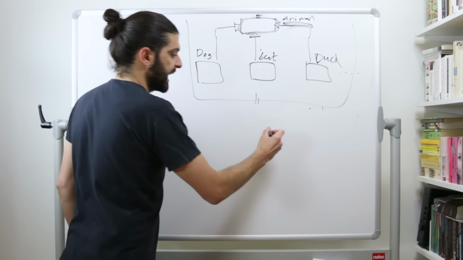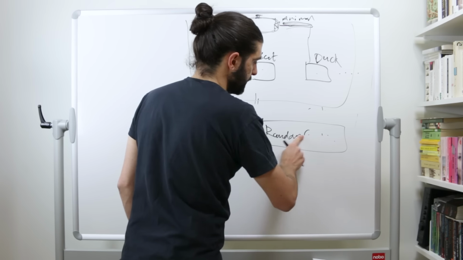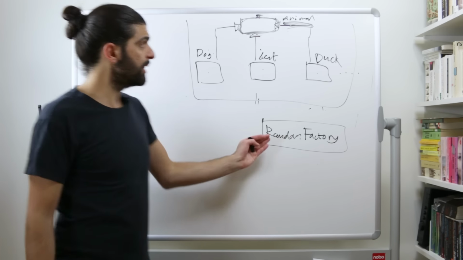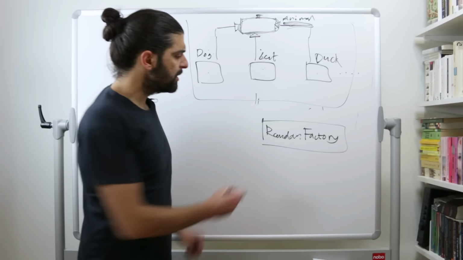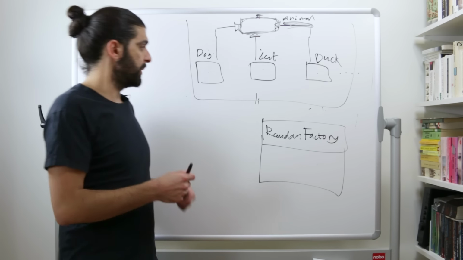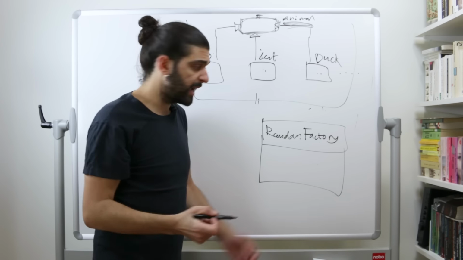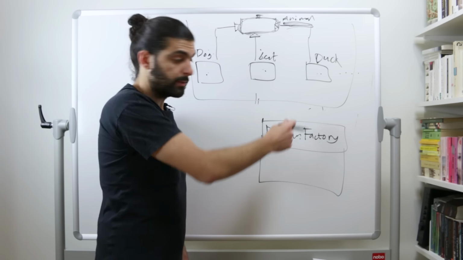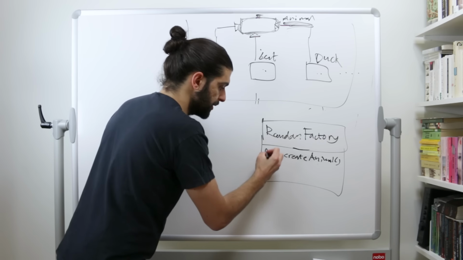Let's say that what we can have is, for example, random creation. Actually, let's call it factory. So we have the random factory, and to be explicit, we could even call it random animal factory. The random animal factory creates animals. Whether at any particular point in time you get a dog, a cat, or a duck entirely depends on when we call create animal, which is a method that returns an animal.